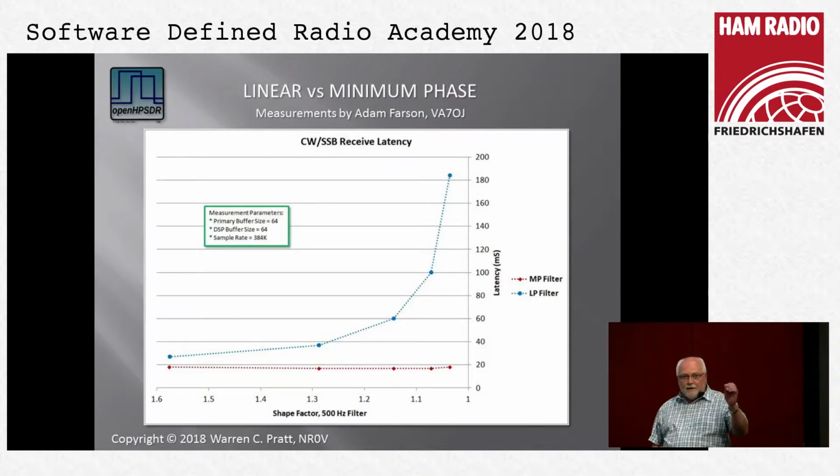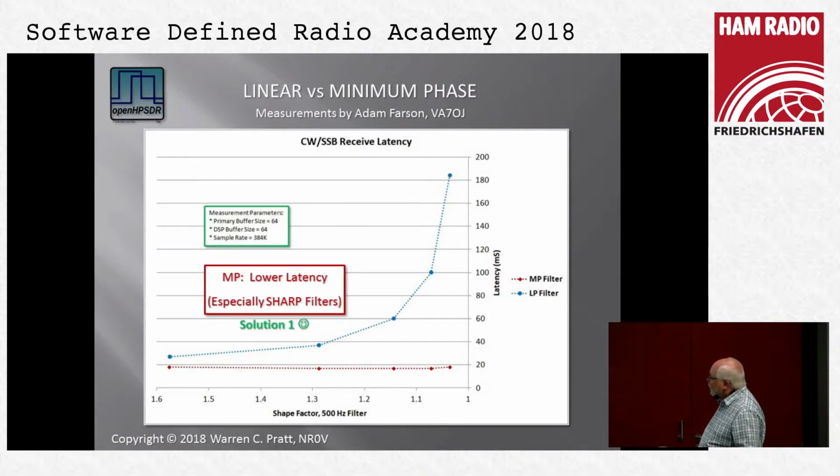This is antenna to speaker system performance measured on our Open HPSDR PowerSDR. You can see there's quite a significant difference. One thing you'll note is that for minimum phase, there's significantly lower latency. The second thing you'll note is that for minimum phase, the latency is virtually independent of how sharp you make the filter. You could have extremely sharp filters and still low latency.